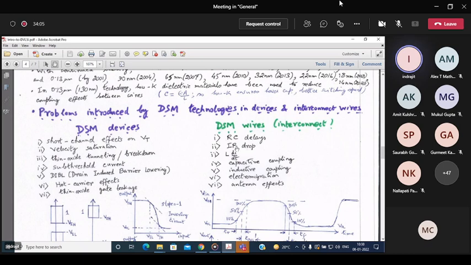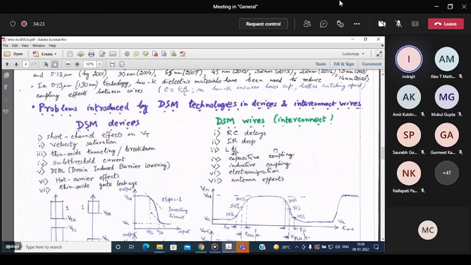That means when the carriers are flowing in the channel, a drop is taking place, IR drop. So we need to take into account the possible reverse voltage or reverse biasing due to IR drop.